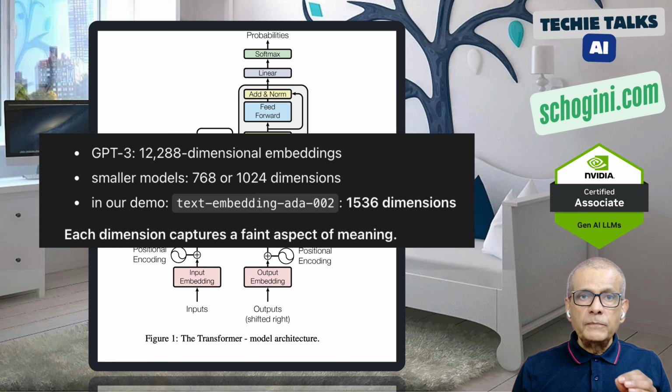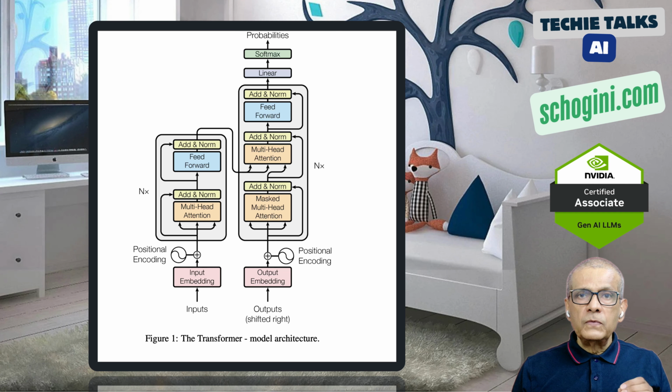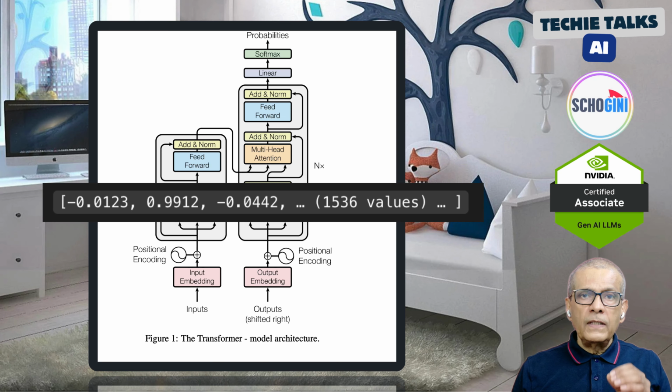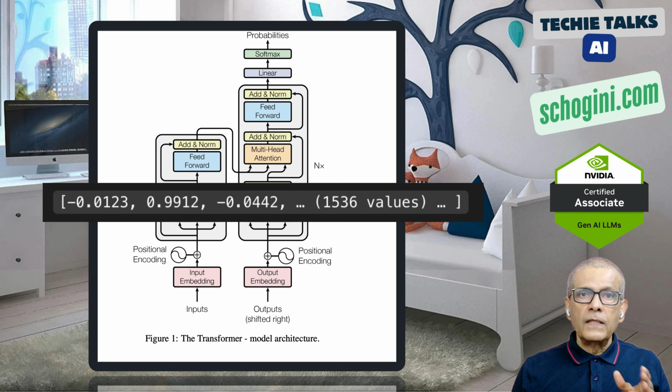Each dimension captures a faint aspect of meaning, not understandable individually by humans, but together they become a rich representation. So when you see a vector like minus 0.123, comma, 0.9912, comma, minus 0.442, etc., a long list of 1,536 values, that is literally the machine's internal meaning for your token.